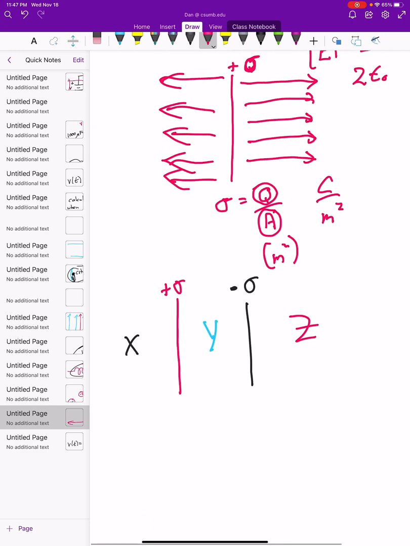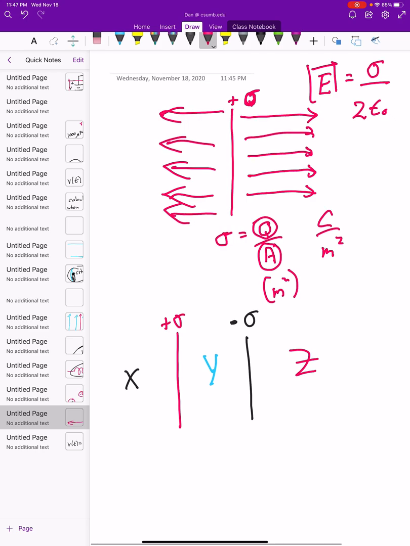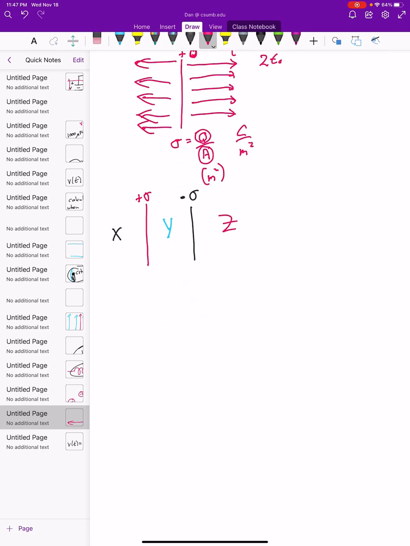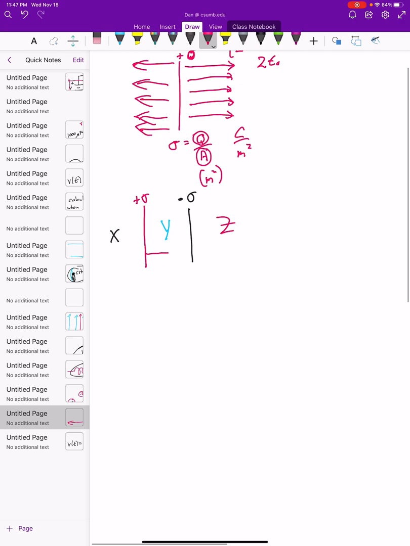Now, one of the things we talked about is that between the plates, you're going to have the electric field created by the positive plate directed to the right, but we also have the electric field of the negative plate, which is also directed to the right. So I'll draw that in black.